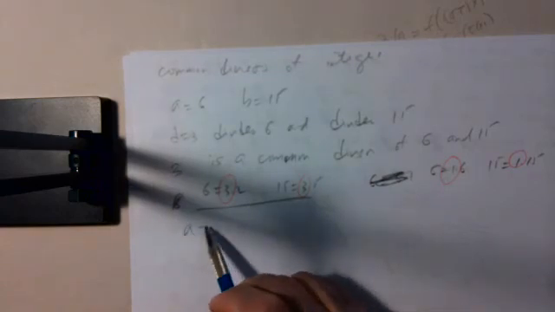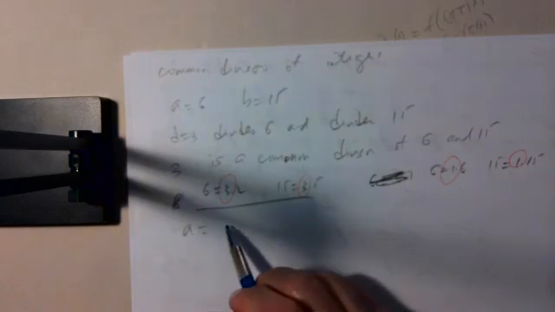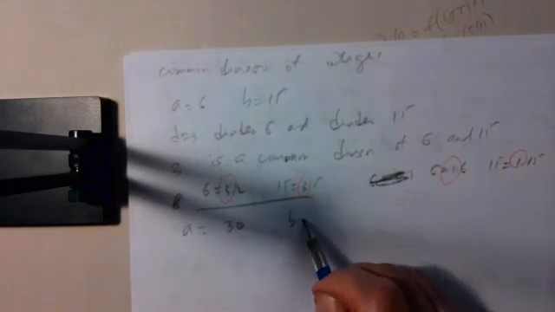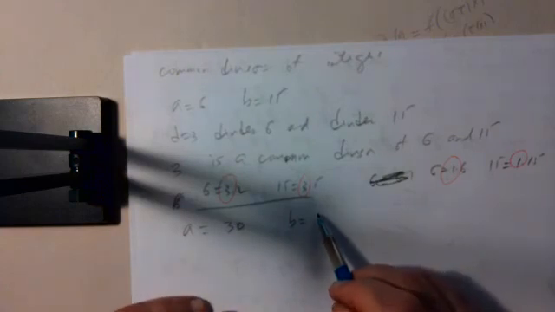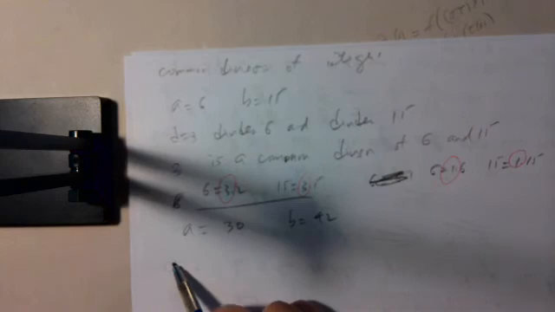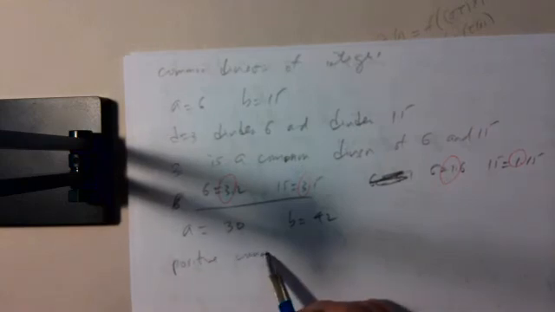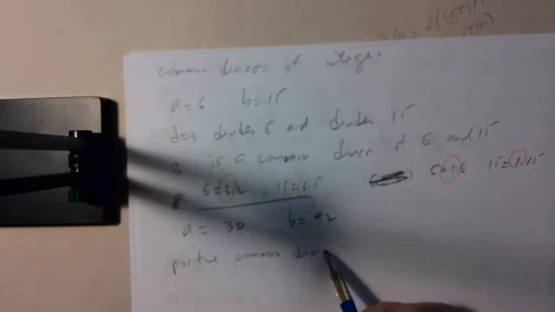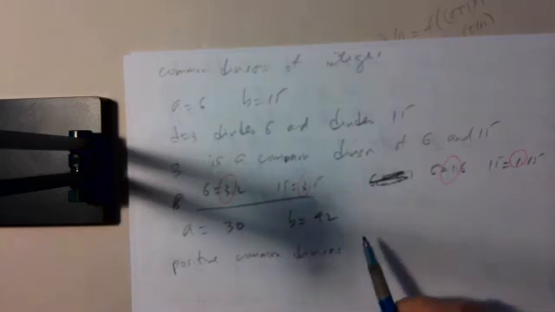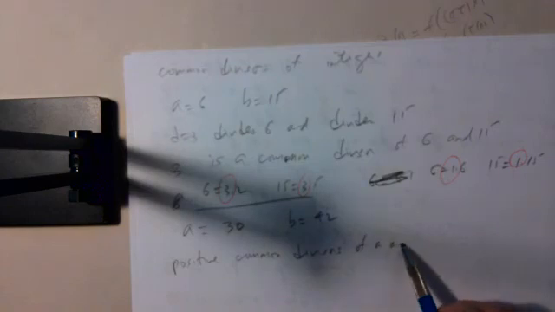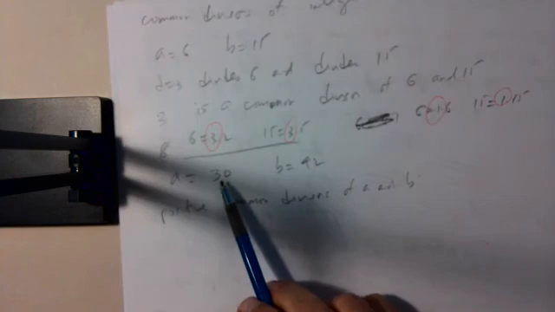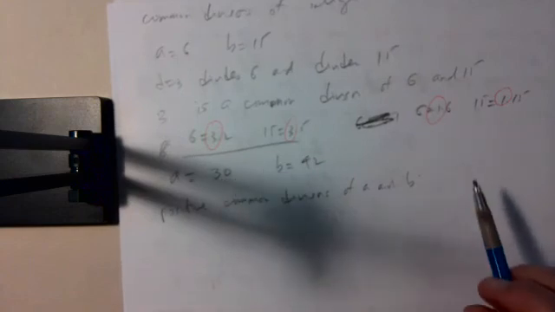If we take, for example, a equal to 30 and b equal to 42, what are the positive common divisors of a and b? Right? What are the numbers that divide, that are positive integers that divide both 30 and 42?